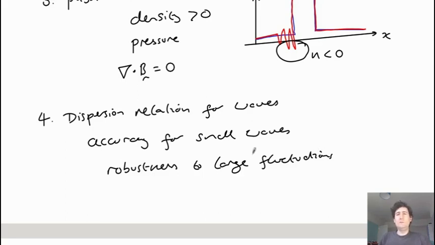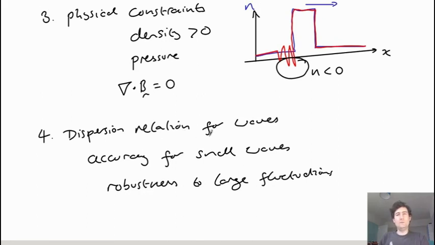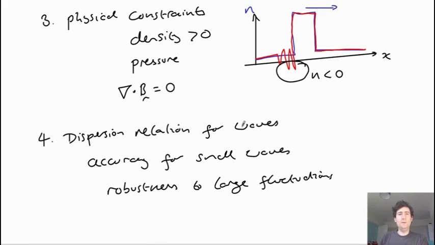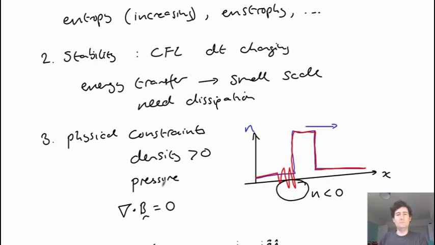And so with any numerical scheme, there are trade-offs to make between what you care about, what your numerical method is designed to do, and this depends on the kind of problems that you want to solve. So whether it's looking at the interaction of small waves, or whether it's looking at very large fluctuations, what are the quantities that you want to ensure are preserved.